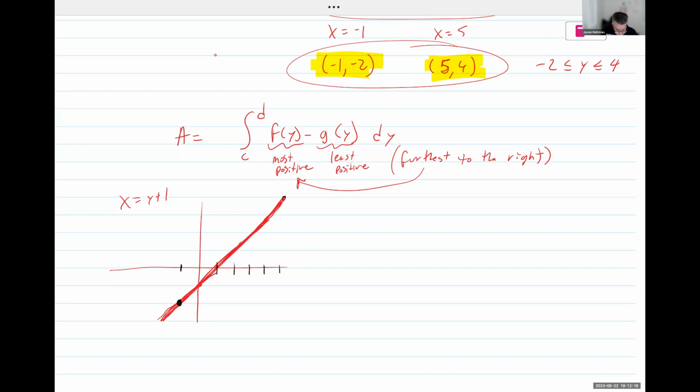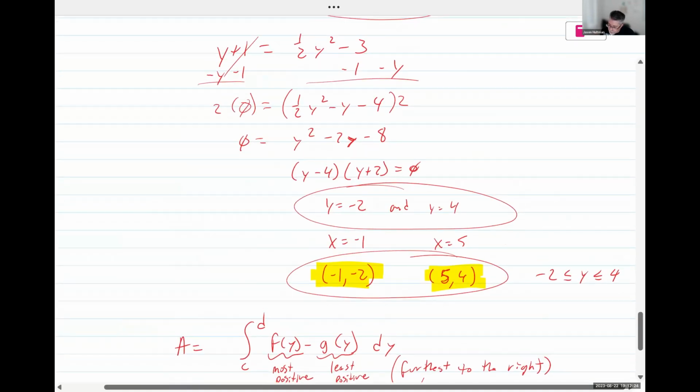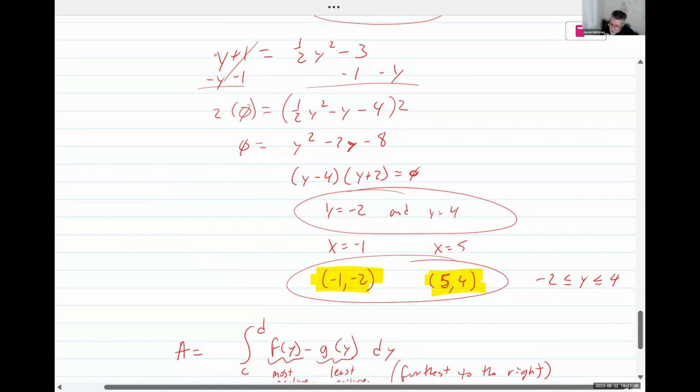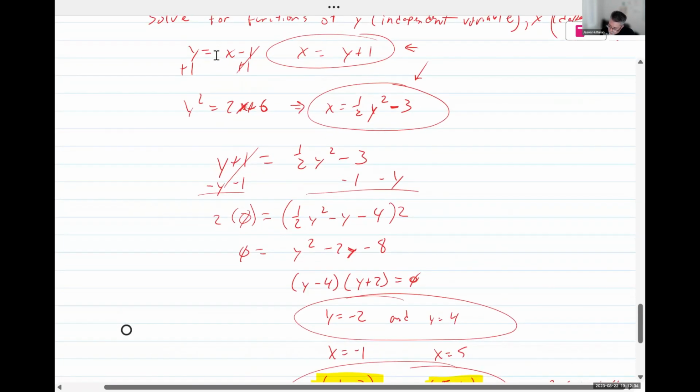Now, what does the parabola look like? Well, I'm not going to solve for the vertex of the parabola, but if we look at this, there is no B for this guy here.